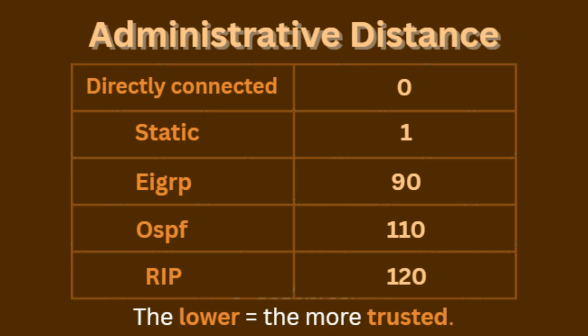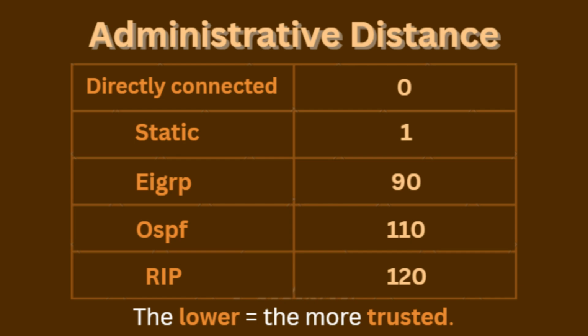So what is administrative distance? Administrative distance, or AD, is how a router decides which route it can trust the most when multiple routes to the same destination exist. The rule is simple. The lower the AD, the more trustworthy the route. By default, each type of route has a set value.